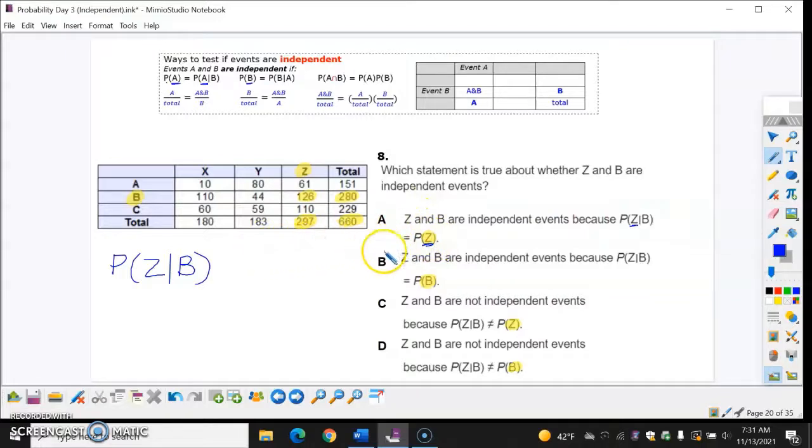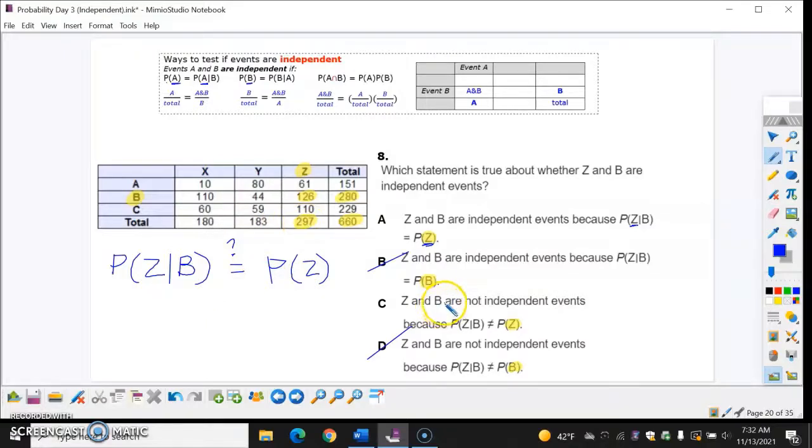So that's the one we want to test out. Figuring out if Z given B is the same as B doesn't help us find if they are independent. So we need to find the probability of Z given B and the probability of Z and see if they are the same. If they're the same, then they're going to be independent.